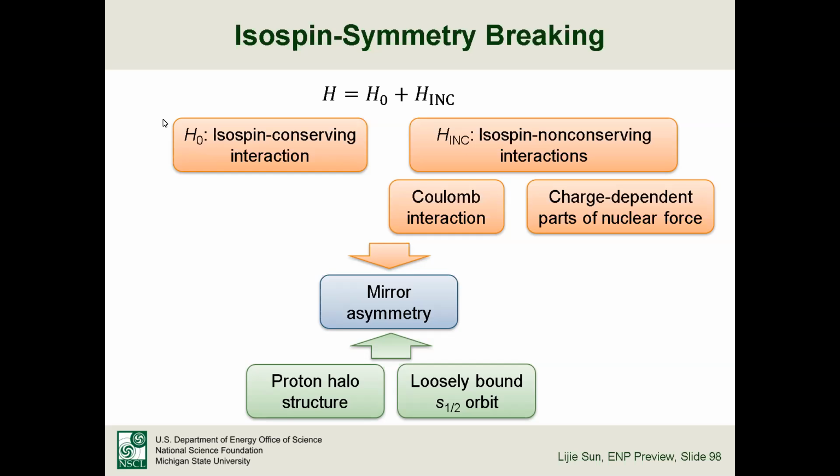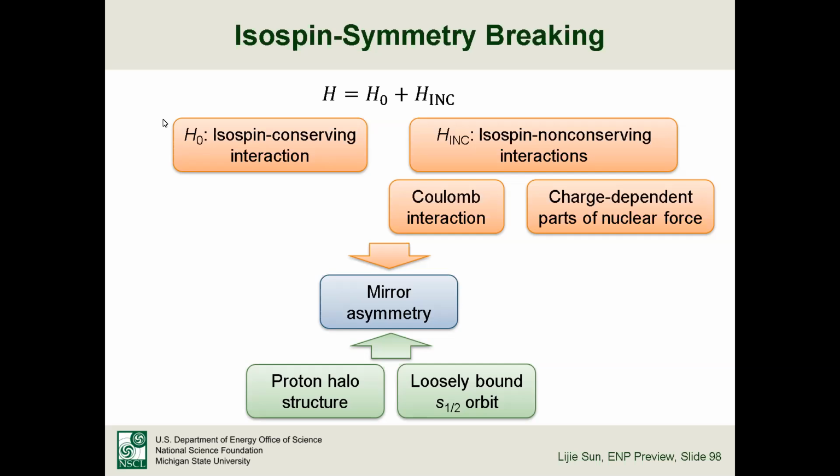And shell model calculation with this isospin non-conserving force usually includes Coulomb force that describes the loosely bound nature of the wave functions of the S-half orbit, and can reproduce the observed mirror asymmetry in SD shell well.